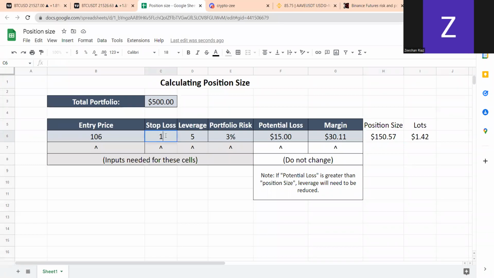Let's say if I had the stop loss of 110, your position size will increase, eventually increasing your margin. Because it's a tight stop loss, you will lose that 3%, which is actually $15. Sorry, I was considering margin as your position loss. You will lose that $15 if that coin moves from 106 to 110.